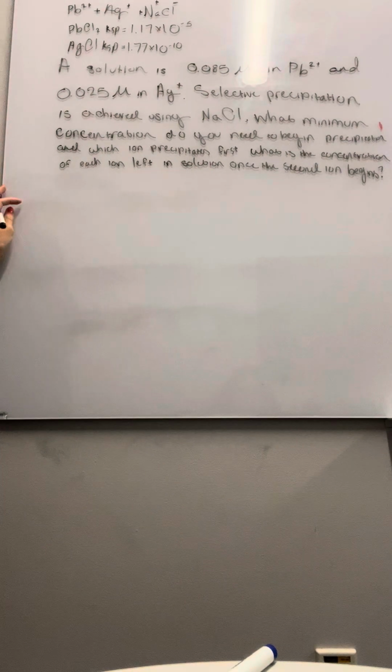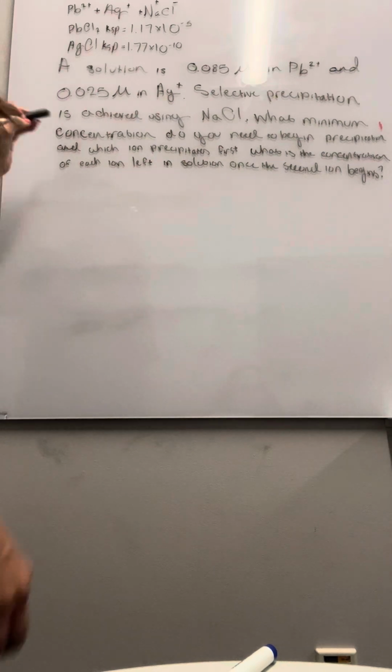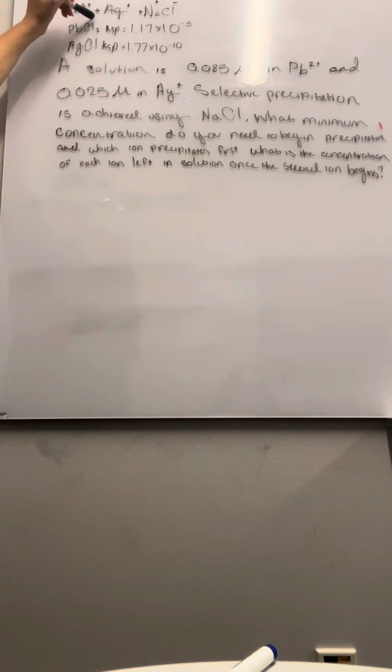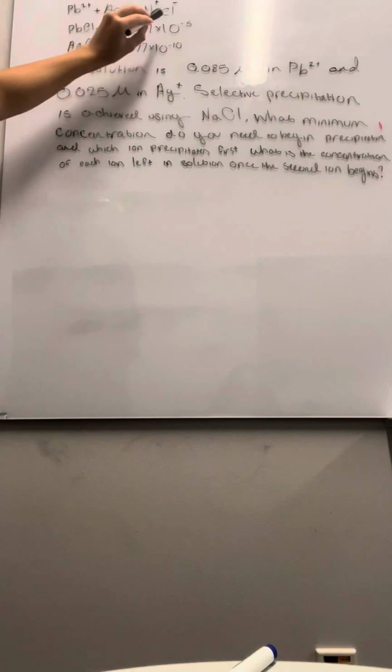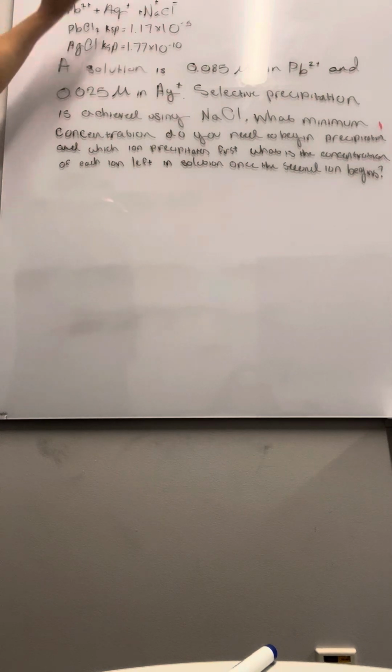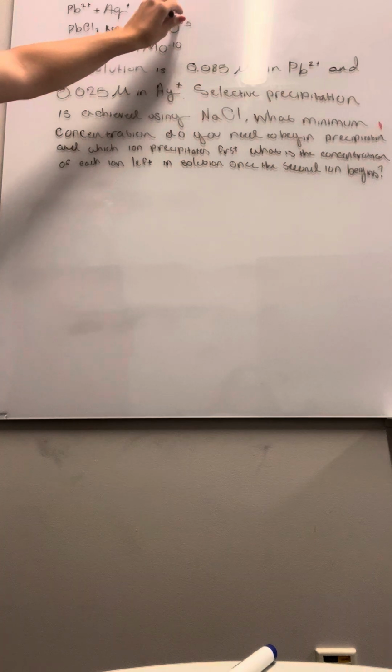So first we're going to find which ion will begin to precipitate first. Up here I wrote that the formation is going to be Pb2+ plus Ag+, and that you're going to be adding NaCl. Pb is a positive ion, and so is Ag+, so they're both going to pair with the negative Cl ion.